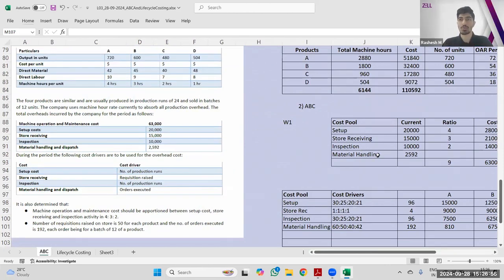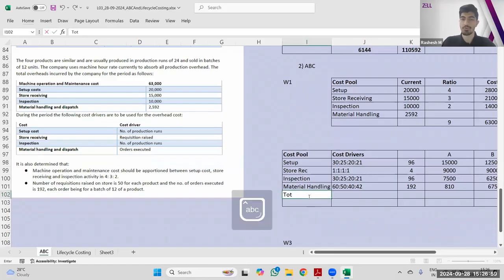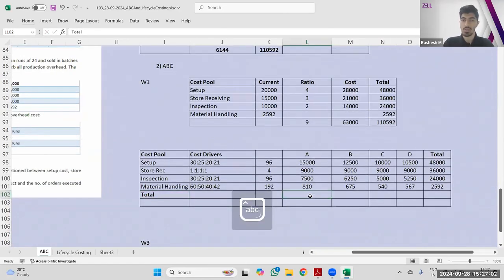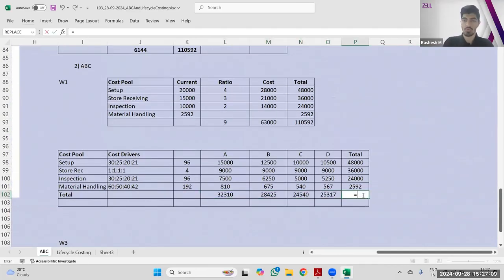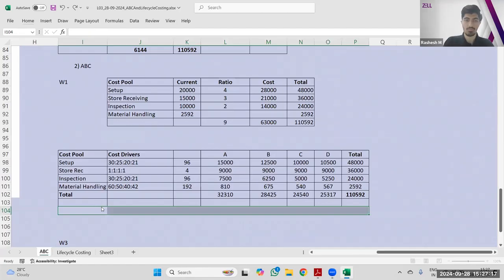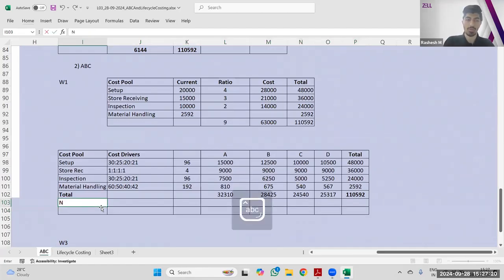Yeah. So let's complete the question. Only a step left. Let's first and foremost total my costs. So total cost of 4 products is there. Hopefully it adds up to 110,592, which it does. Number of units 720, 600, 480, 504, and OAR per unit.